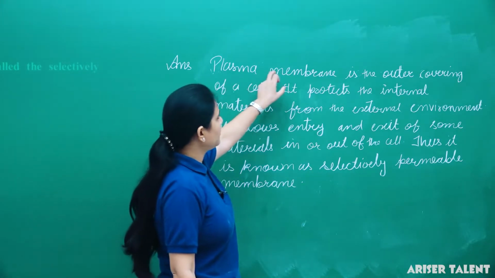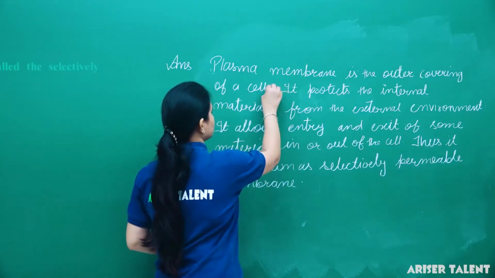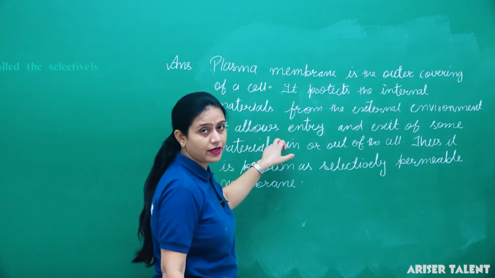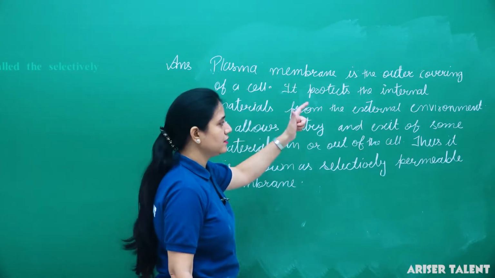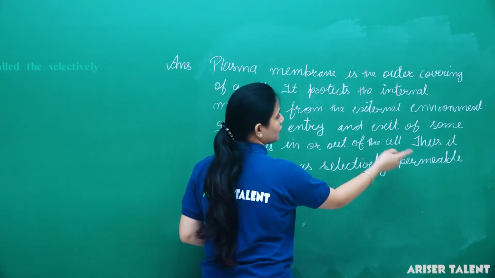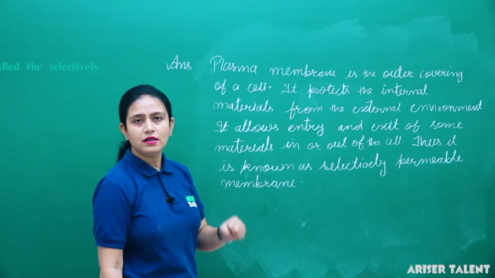So we can say that plasma membrane is the outer covering of the cell. It protects the internal material from the external environment. It allows entry and exit of some materials only in and out of the cell. Thus, it is known as the selectively permeable membrane.